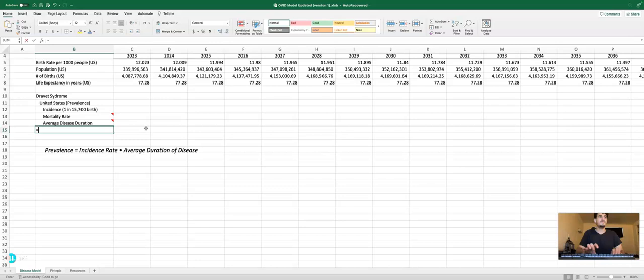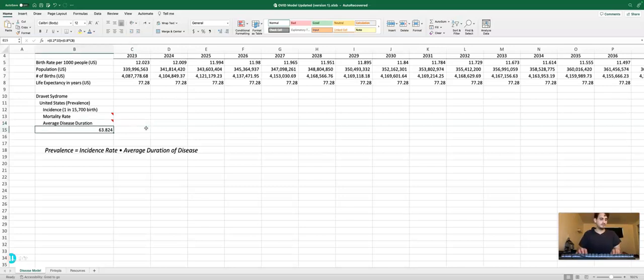It's equal to 0.20 multiplied by 10 years, plus 0.80 multiplied by the life expectancy. So you get about this much, and this is the average disease duration.